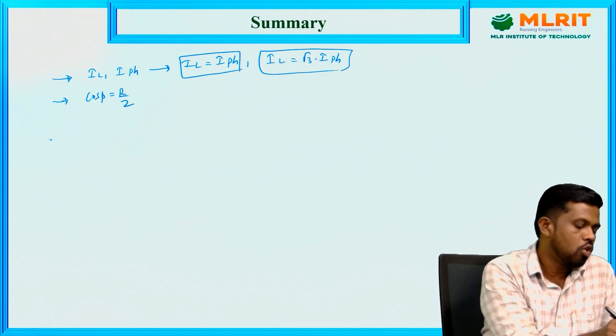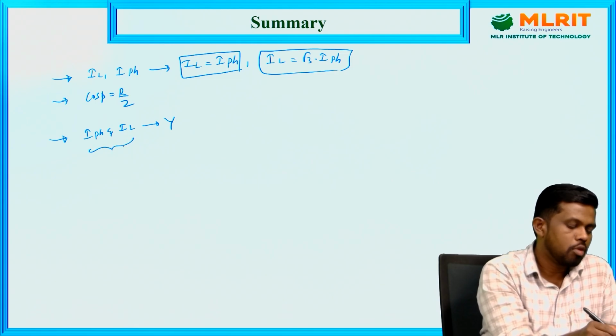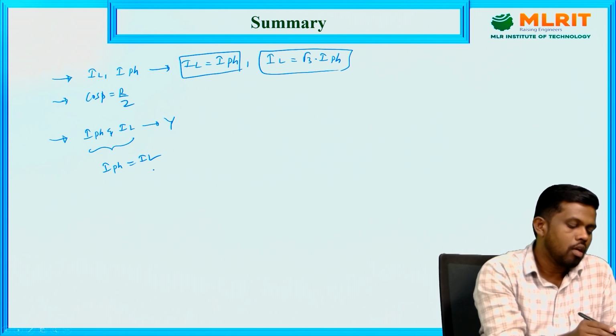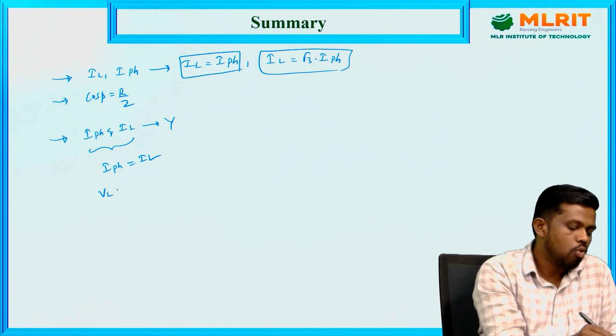In question number 2, we discussed the phase and line currents in the star connected system, where I phase equals IL. In a star connected balanced network, the line voltage is not the same as the phase voltage; it is root 3 times the phase voltage.